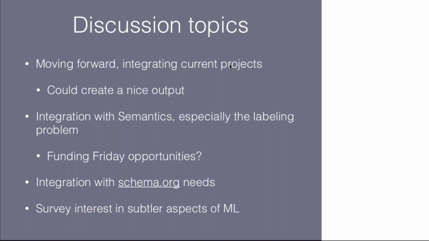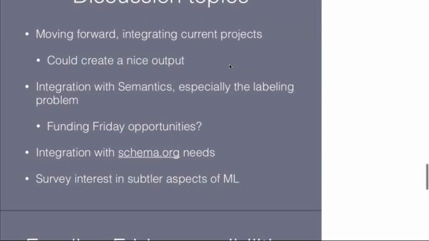And then, even farther out, there is interest by people in the subtler aspects of machine learning, which I think is beyond our capabilities right now to start to address, but it's important, and it's important for our community. I'll just put these out there.